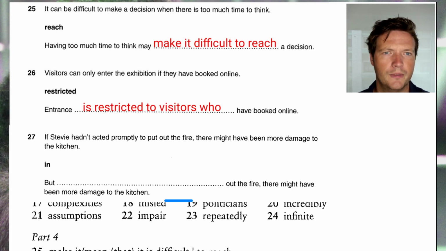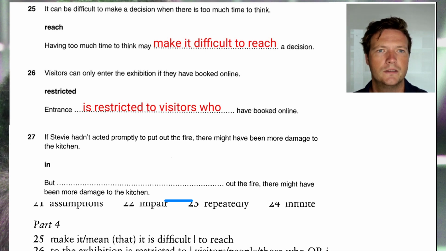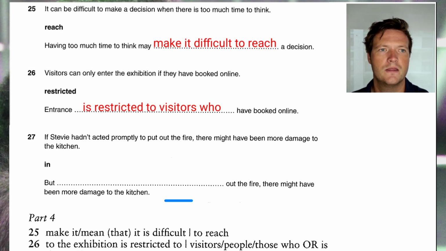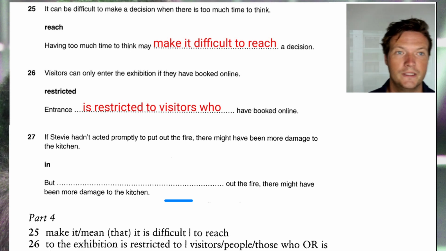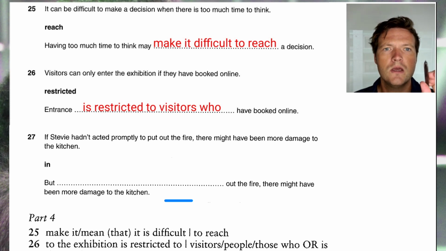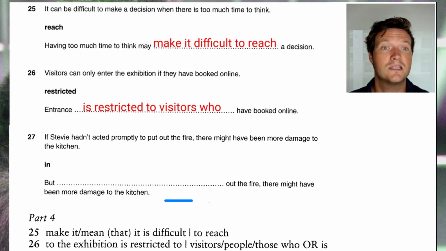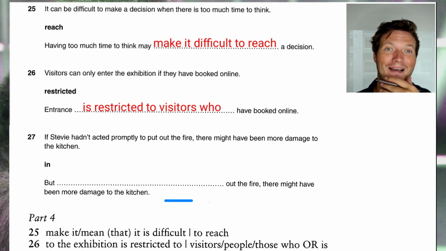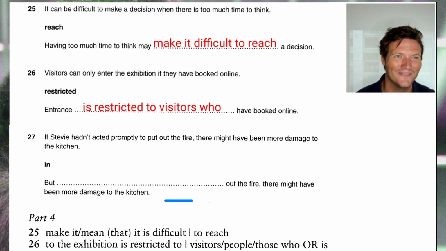Let's have a look at the possible answers in 26. So you should be able to see, at the bottom here in 26, it looks like there's a number of possibilities. The first possibility in 26 is entrance to the exhibition. Yeah, I didn't include that. Right, that's kind of important.